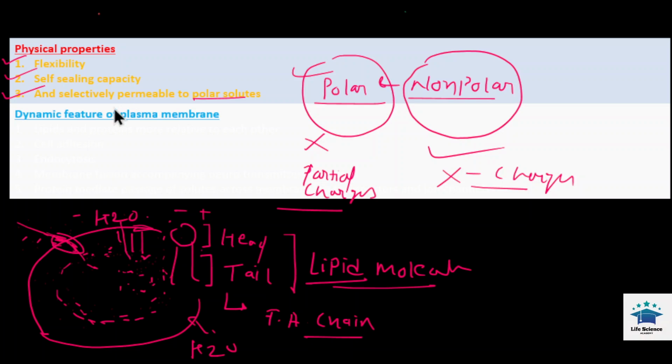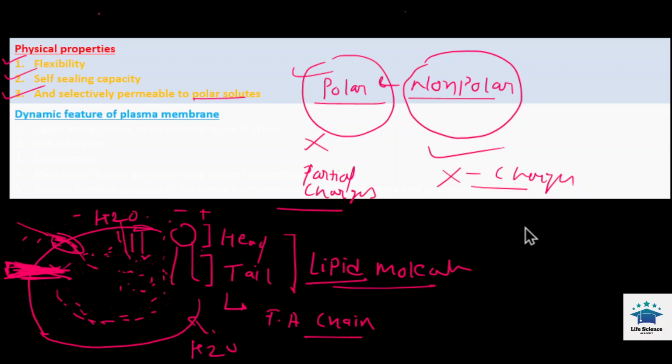Why do we call it self-sealing capacity? If you cut this region, the cell membrane spontaneously reseals again after some time, and it is selectively permeable to polar solutes.